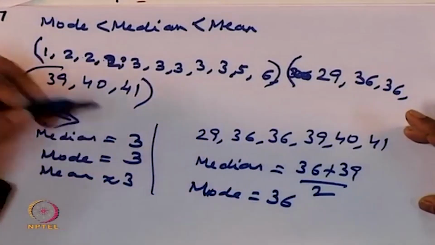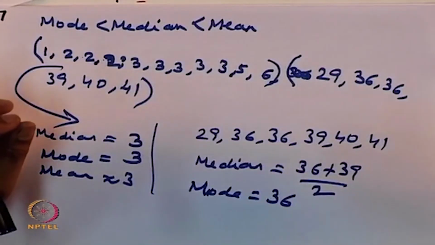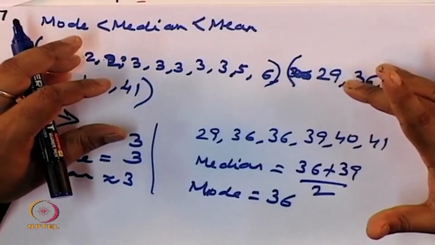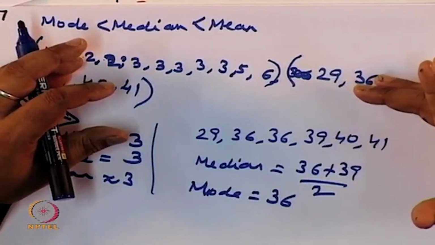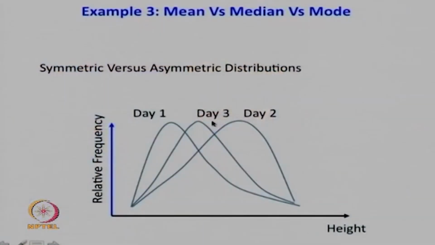So, what you see here is that from the previous case, where it seemed that there were only 3 outliers, in this particular case there are clearly 2 different sets. So, it begs the question of what would be the best way of quantifying this kind of data. Let us take this example where you have symmetric versus asymmetric distributions. On 3 different days you can have 3 different height distributions.